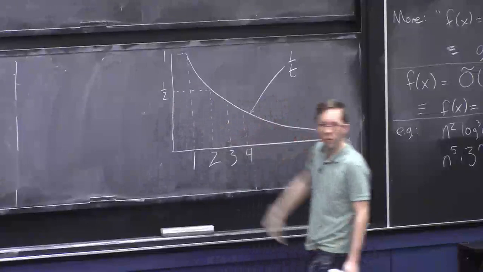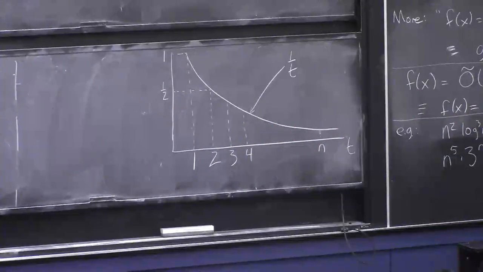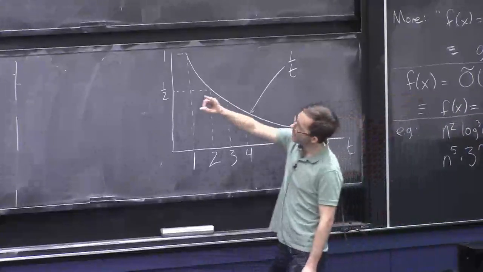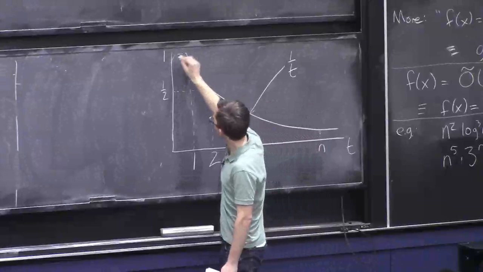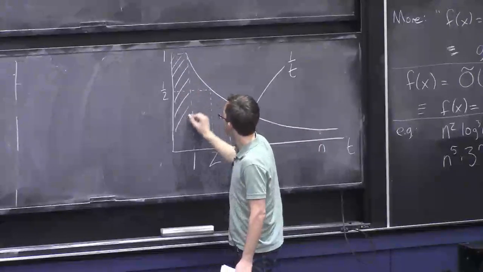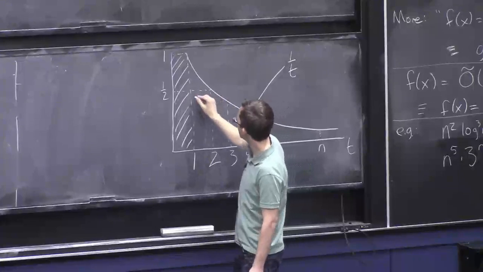And this is a third, and so forth. The idea is that this sum, the harmonic number sum, is exactly equal to the area of a bunch of rectangles that I'm about to shade.